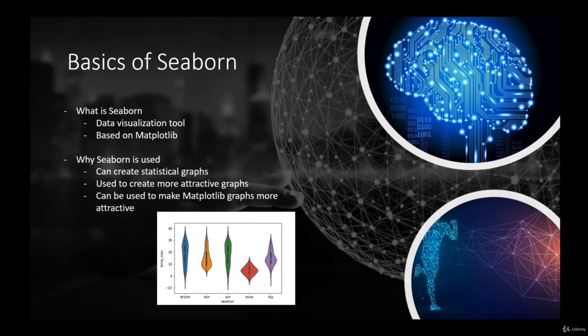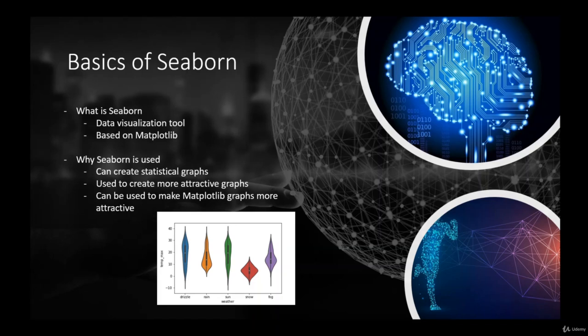You have more types of graphs with Seaborn than with Matplotlib, and it allows many other great things. While Seaborn is a different package, it can still be used to develop the attractiveness of Matplotlib graphs. As I said, it will create more attractive graphs.